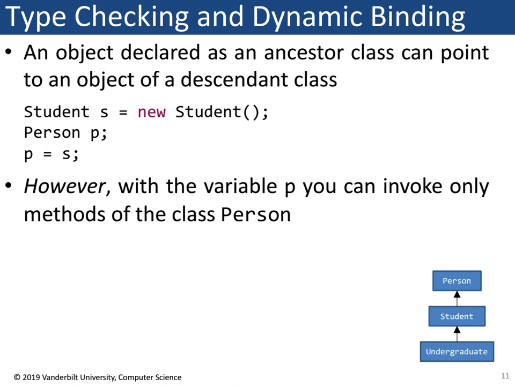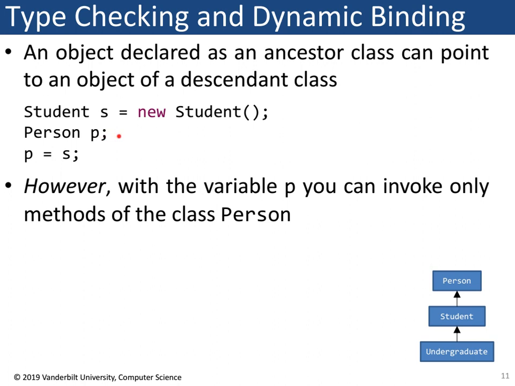So going back to this idea of polymorphism, we said that we could pass a reference to a derived class into anywhere expecting the ancestor class. So anywhere where we expect to get a person, we could pass a student or an undergraduate. Well, the same thing is true of variables, reference variables that are declared. So we can declare some reference variable called P and some reference variable called S. And we will assign S a new student object.